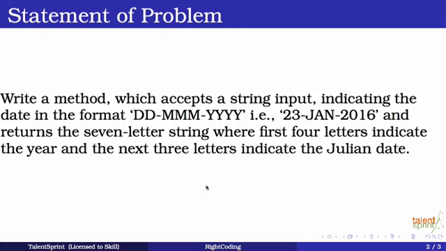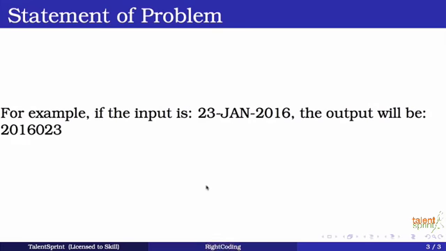The next 3 letters indicate the Julian date. So what the Julian date is, example, if we have the input as 23rd Jan 2016, the output will look like 2016-023. Let's go ahead and see how we do this program.